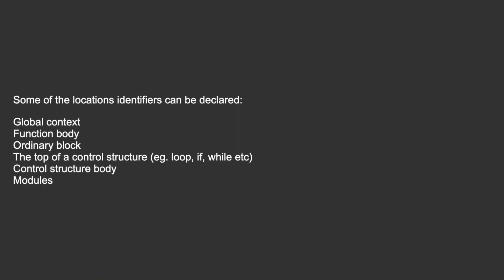Some of the locations identifiers can be declared: global context, function body, ordinary block, the top of a control structure, for example loop, if, while etc., control structure body, modules.